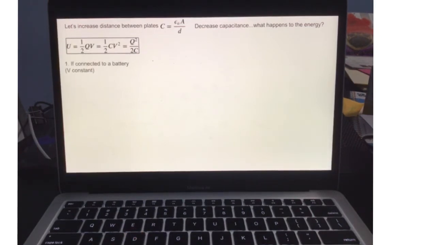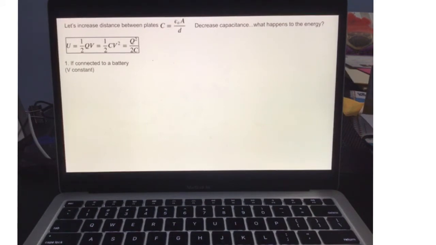All right, if it's connected to a battery, that means that V is constant. So think about which one of these equations we might want to use. The 1/2 QV is not very easy because it doesn't have the obvious C in it. If we look at Q squared over 2C, Q is also changing, so that's not going to really help me.